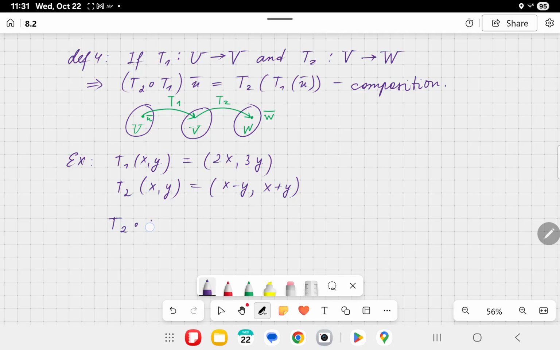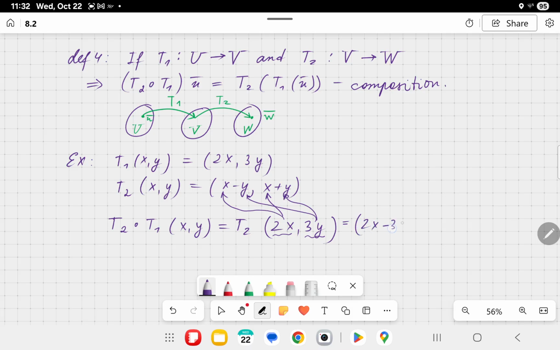The composition of T2 over T1 applied to x, y. Well, I'm going to put T2 over here and first take x, y and apply the first transformation: 2x, 3y. Now my new x is 2x and my new y is 3y. So I'm going to plug them in here and here, and get the composition. So it's going to be 2x minus 3y and 2x plus 3y. And that's going to be my result. So that's how a composition is going to look.